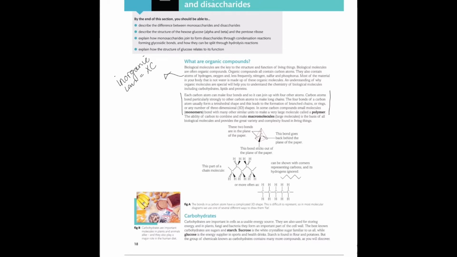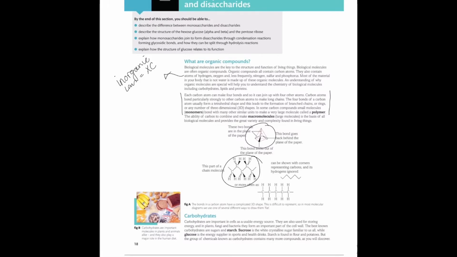This is just for A-level chemistry, but here they're just trying to give you a visual representation. The ability of carbon to combine and make macromolecules, large molecules, is the basis of all biological molecules and provides the great variety and complexity found in living things. Okay, so these shapes you won't have to learn. It's just trying to create a visual representation.